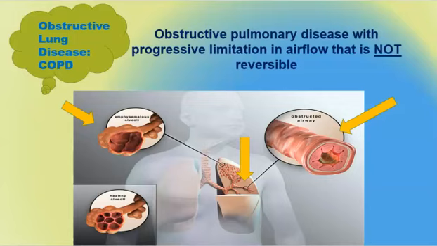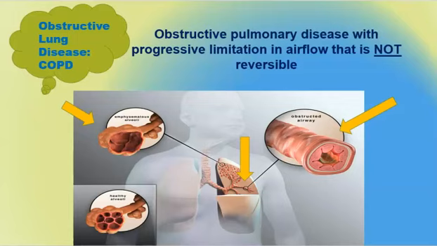However, I think it's important to understand that there's a difference between obstructive versus restrictive lung disease. Obstructive is basically a difficulty with exhaling air. So that's asthma and COPD. That obstruction can occur when inflammation and swelling cause the airways to become narrowed or blocked, making it really difficult to expel air from the lungs.